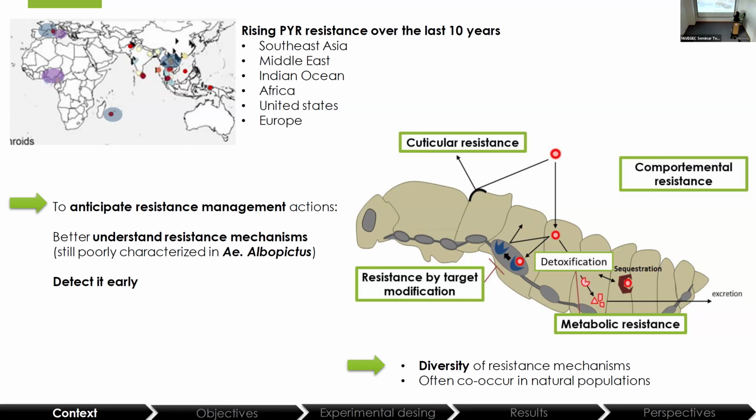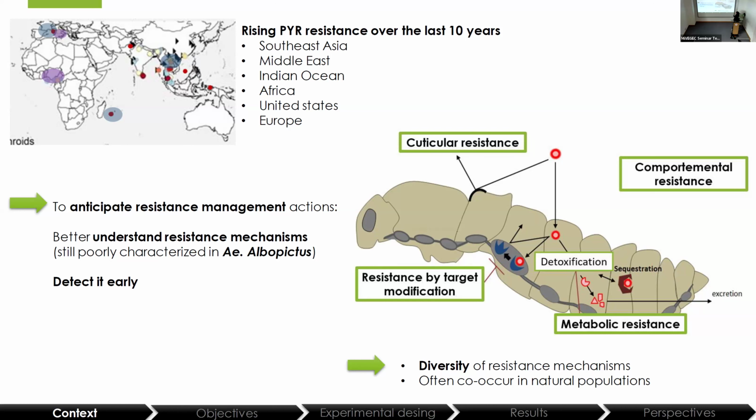So you have behavioral resistance, which consists in avoiding the insecticide by adaptive behavioral changes. You have cuticular resistance, which consists in a modification of the thickness or composition of the cuticle, so that the cuticle is less permeable to insecticide.